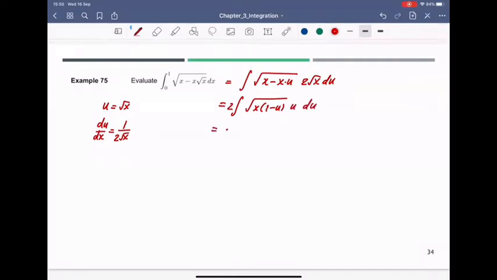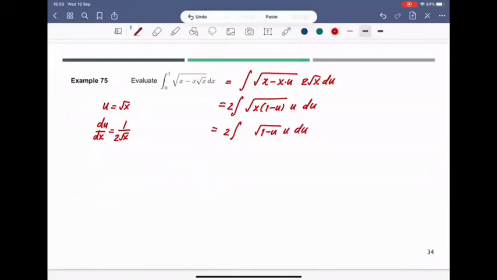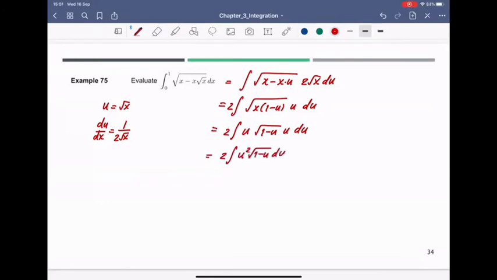And then that is 2 times the integral of square root x, square root of 1 minus u, times u du, right? I can switch my square root x to u. And then that is 2 times the integral of u squared, square root of 1 minus u du. Is that better? I still don't like that.